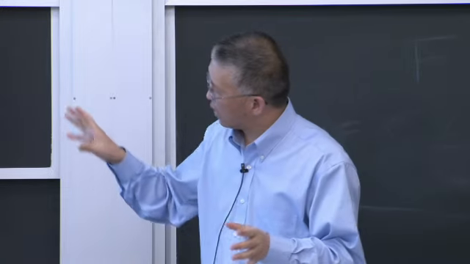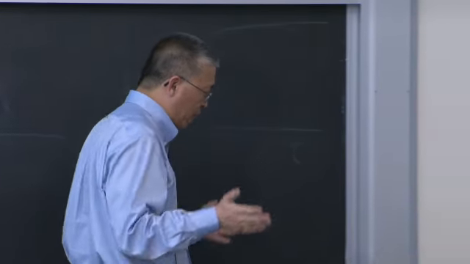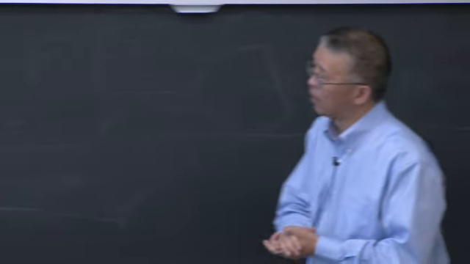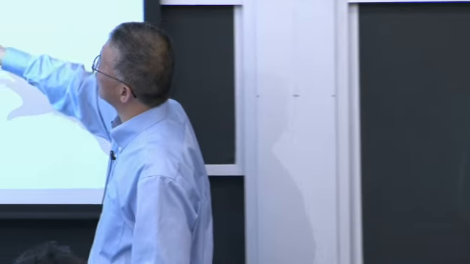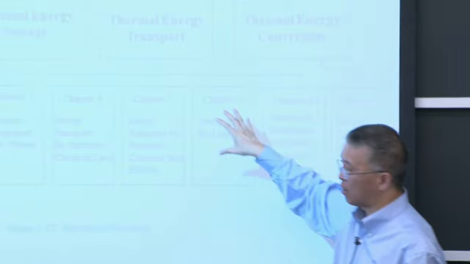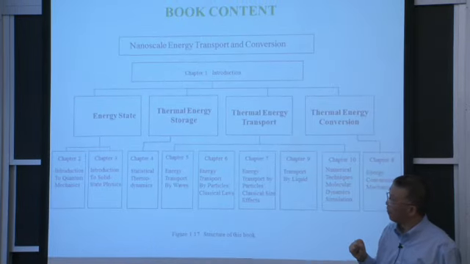So, using the boundaries, in this regime you need to go to different laws. What we're talking about in this course and in this book is really my view of trying to have a picture from nano to the continuum.